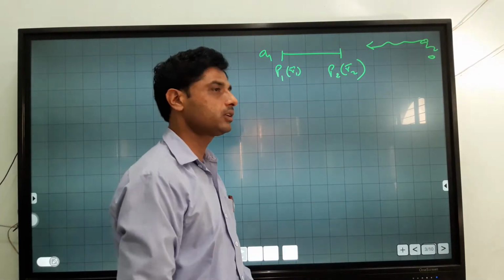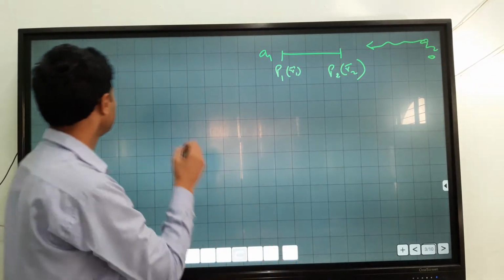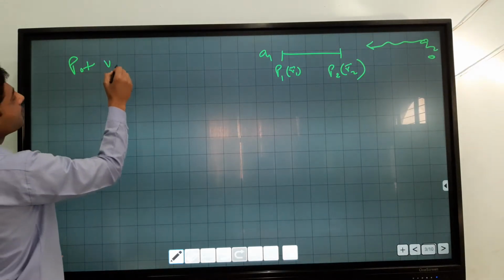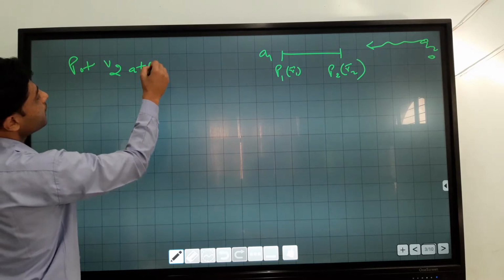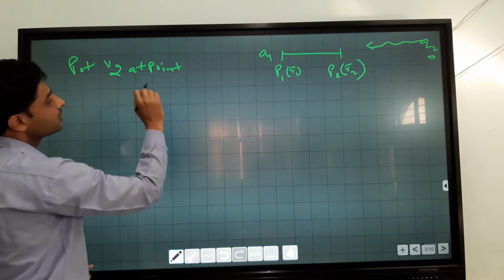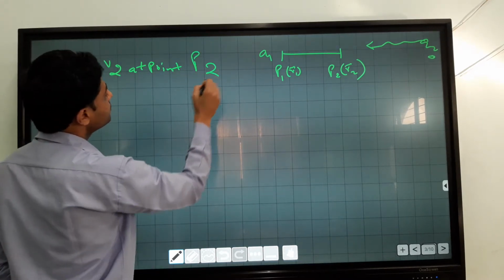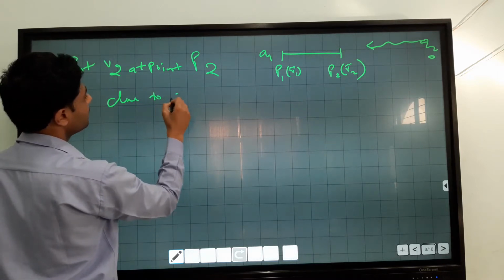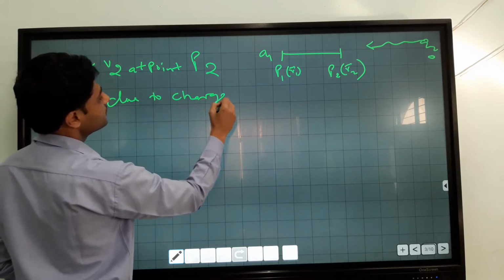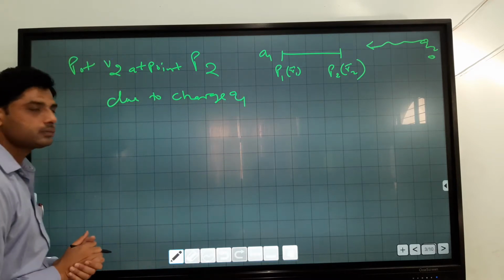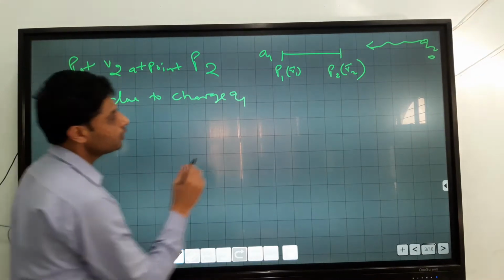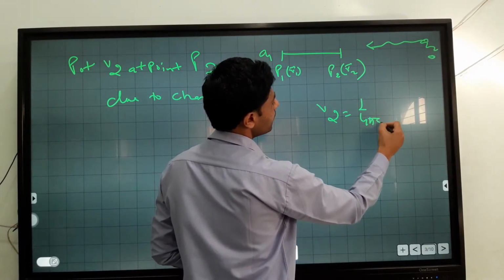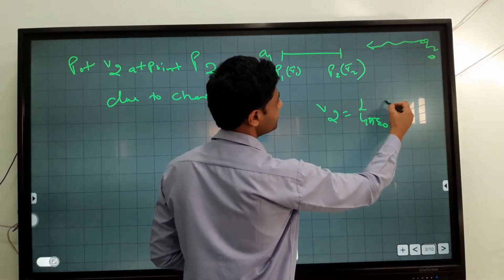Due to this electrostatic force, there is a potential V2 at point P2 due to charge Q1, and the value of V2 equals 1 upon 4 pi epsilon naught Q1.